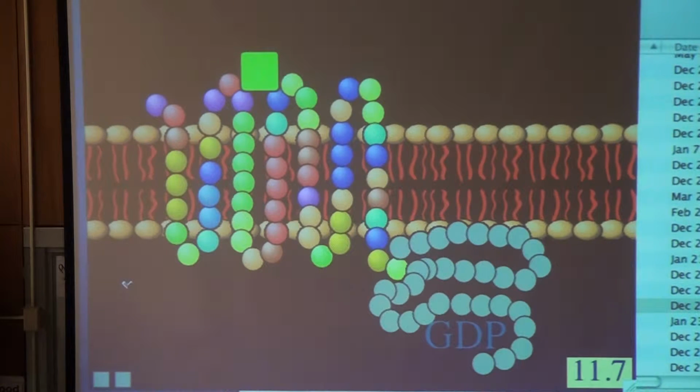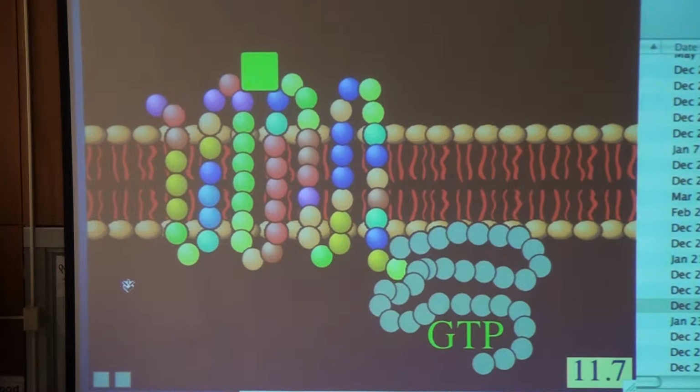And what that results in is the G protein gets rid of the inhibitory GDP that was keeping it inactivated and trades it in for a guanosine triphosphate, which is really the same nucleotide, but now it has 3 phosphates instead of 2 phosphates.